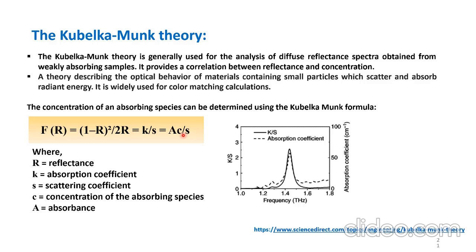If we have a graph of reflectance, then we can convert it to an absorption spectrum, and we can make a calibration curve if we want to check the concentration of a material.